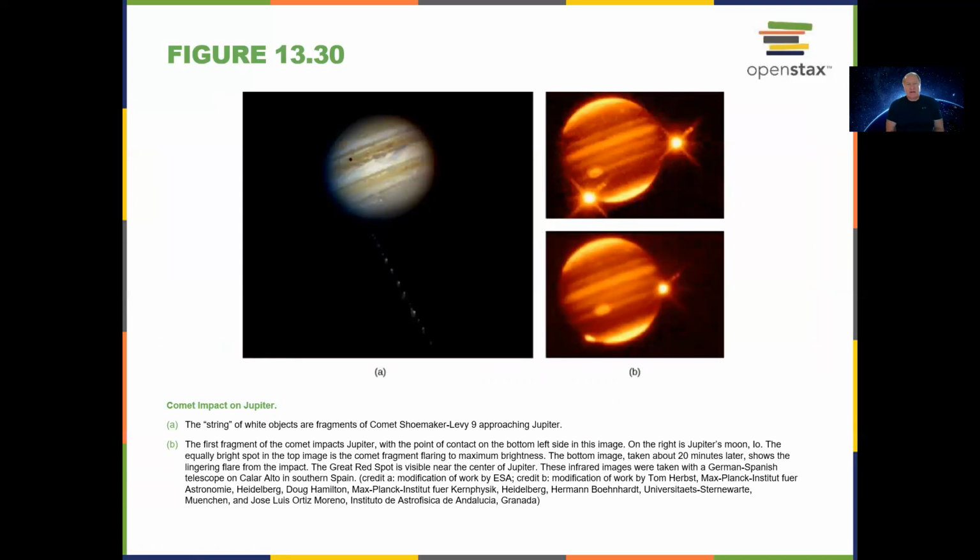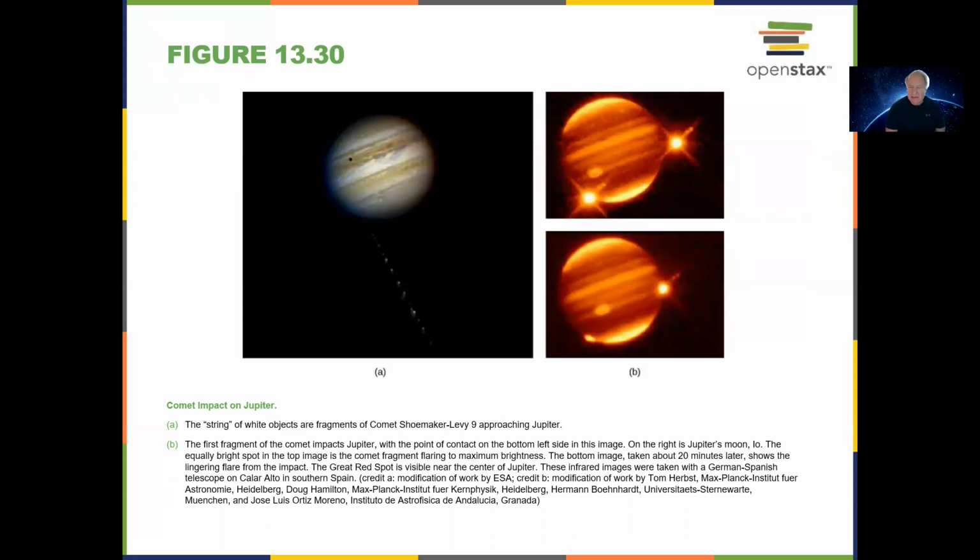Here shows a comet impact on Jupiter, and you can see a string of white objects, or fragments of comet Shoemaker-Levy 9, approaching Jupiter. A fragment of the comet impacts Jupiter with a point of contact on the bottom left-hand side of the image.